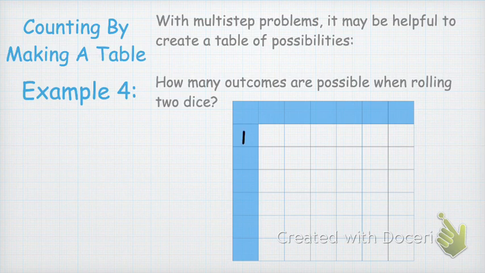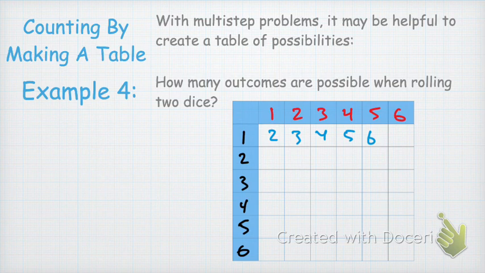And maybe for the rows, I have the possibilities of one die, and for the columns, I have the possibilities of the other die. And then within this table, there's a lot of different things you could do. Like if we wanted to know what possible sums are there, well, then we could fill in all these, right? So 2, 3, 4, 5, 6, 7.